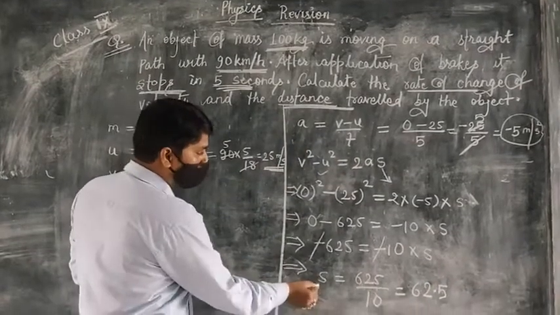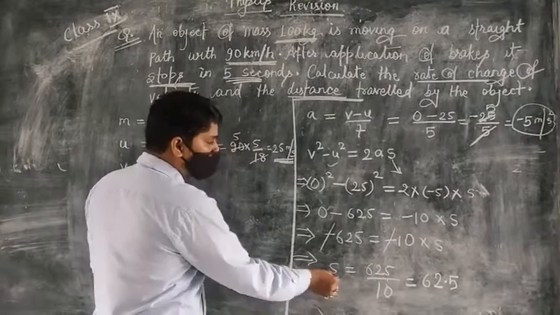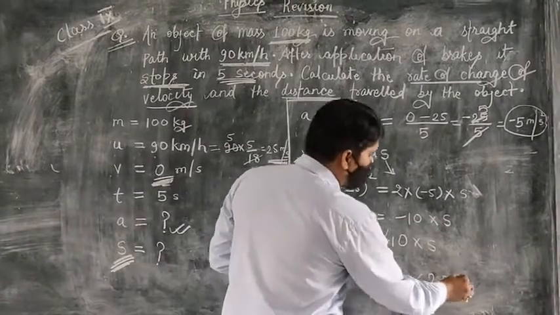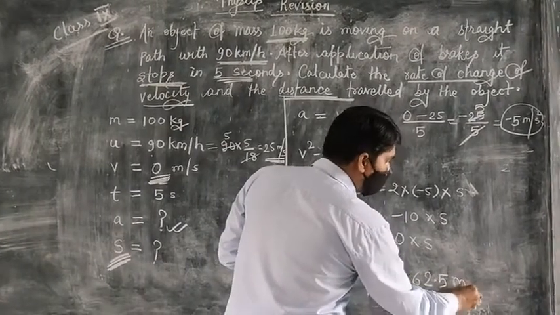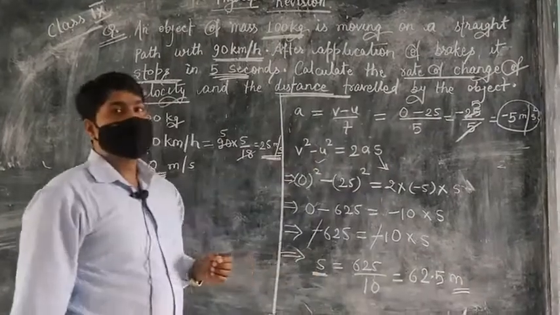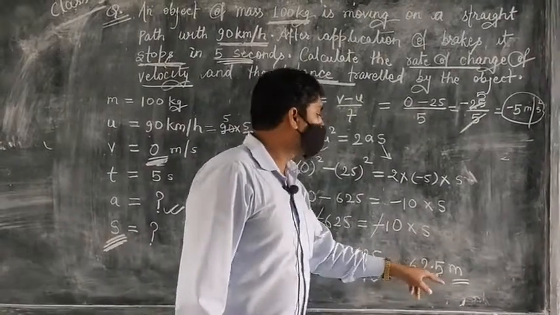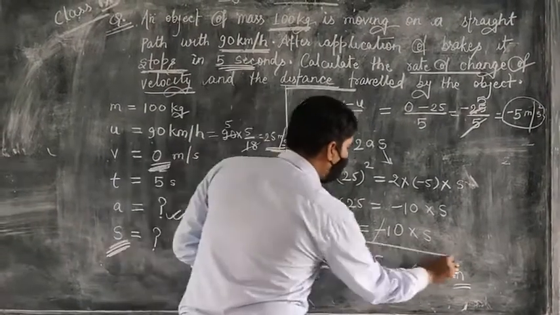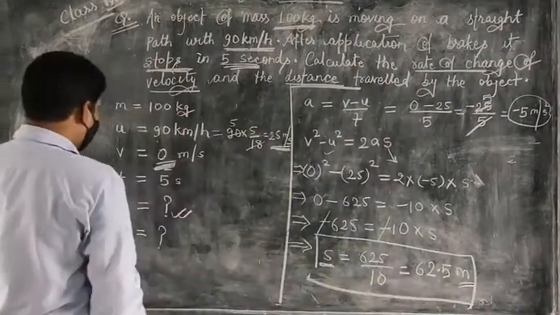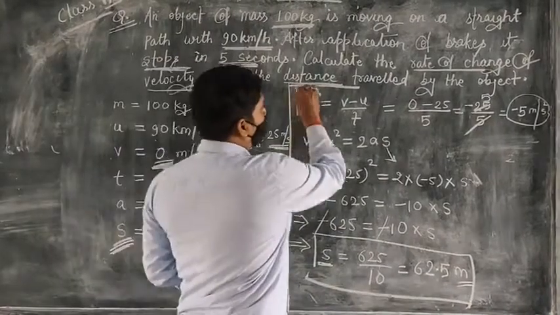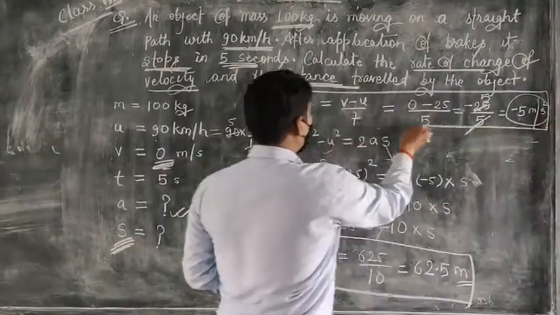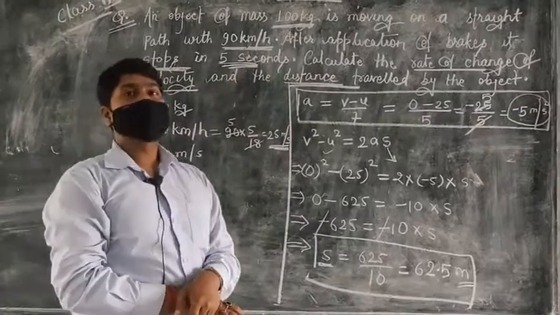Since we are finding the value of displacement, the SI unit of displacement is meter. So the value for s is 62.5 meter. So we have calculated s as well as a according to the question. Thank you.